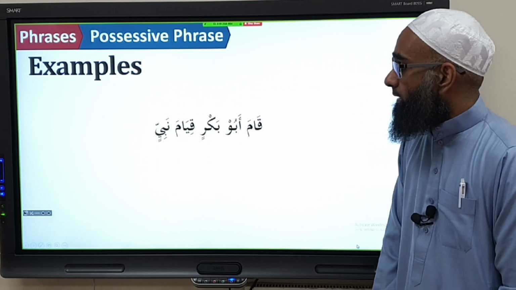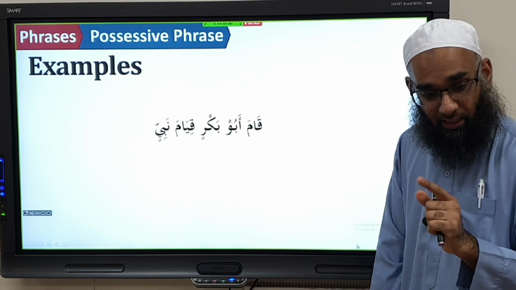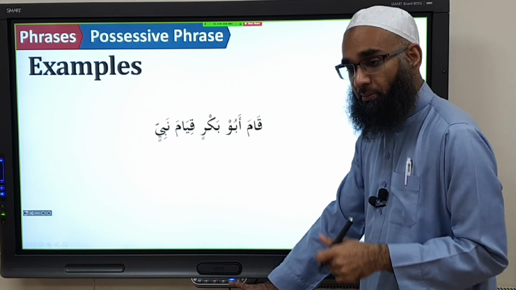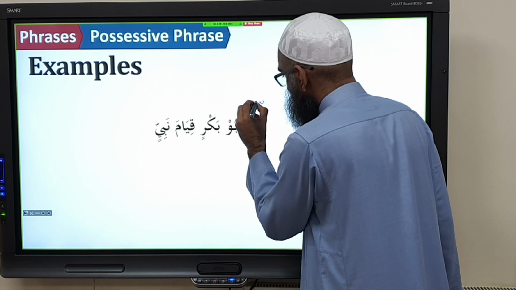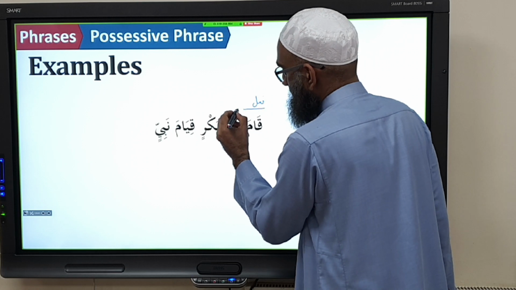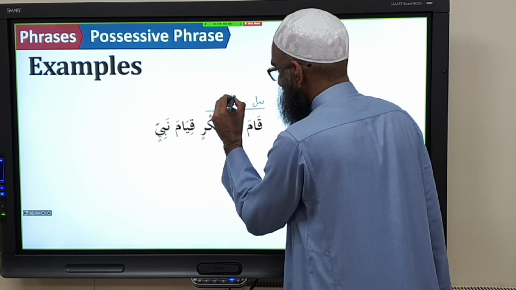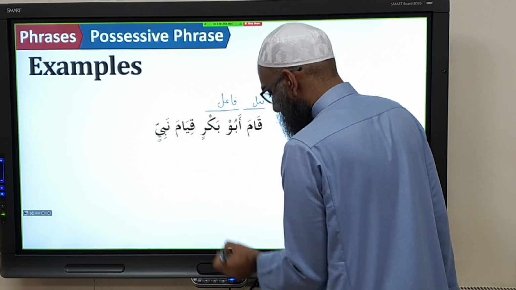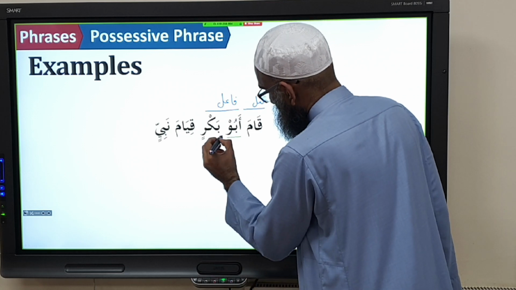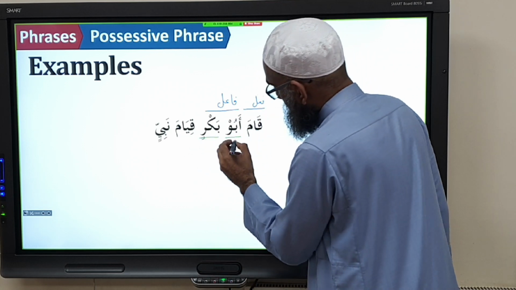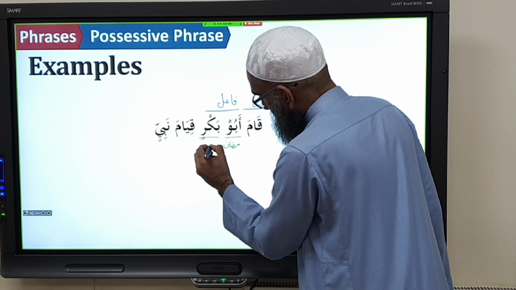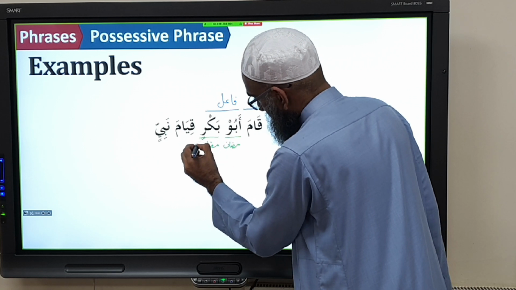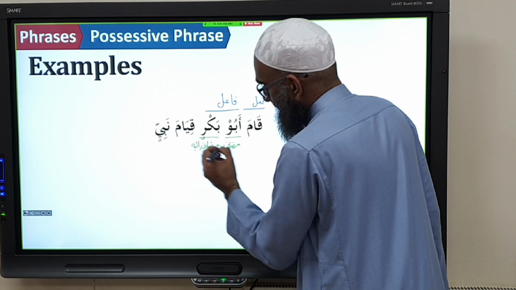قام أبو بكر قيام نبي. What's the tarkib of this? You start doing it. قام is a fa'il. Who is the fa'il? Abu Bakr. Fa'il. What's the structure made up of? مضاف مضاف إليه.